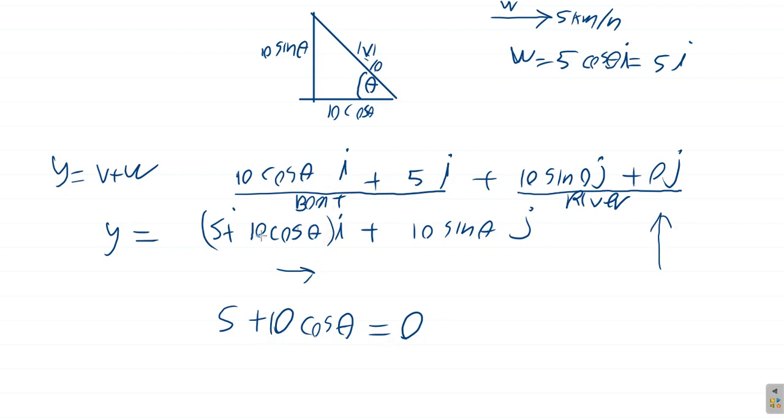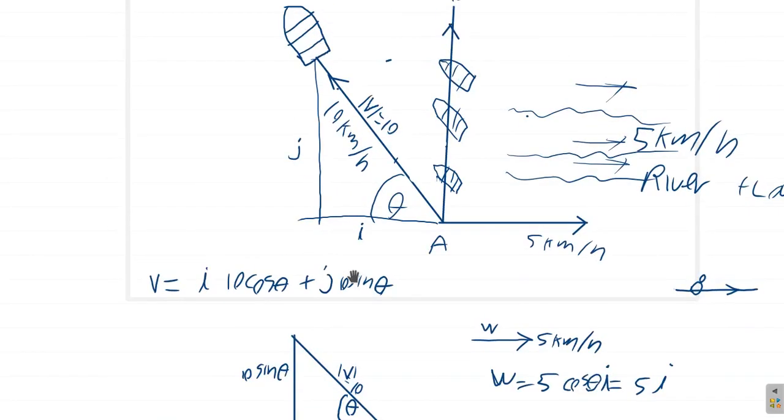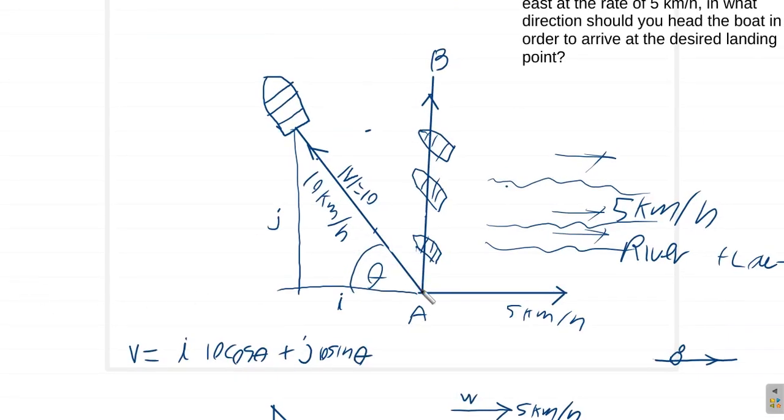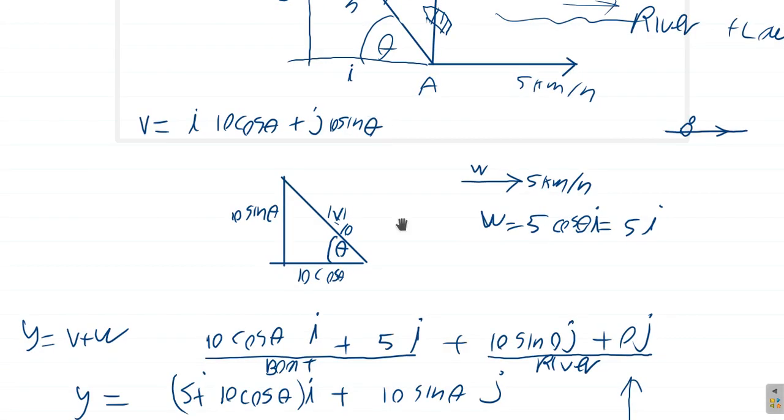Because the horizontal component of Y is equal to 0. That means when the boat goes across, it must not shift left or right, it must just go straight across. You have a vertical component, right?